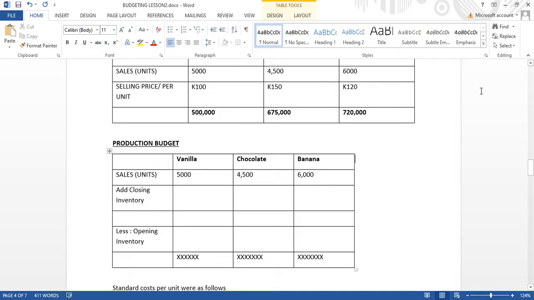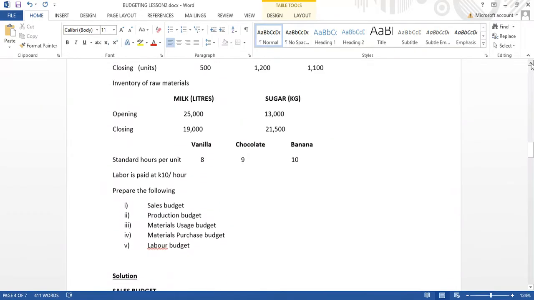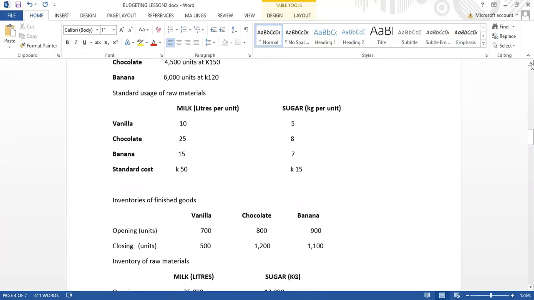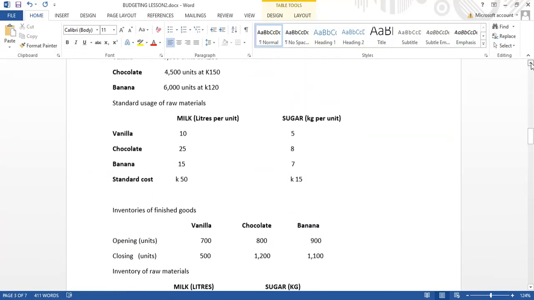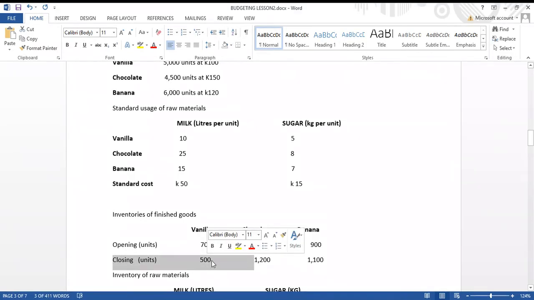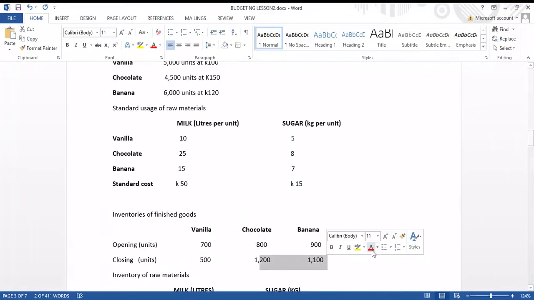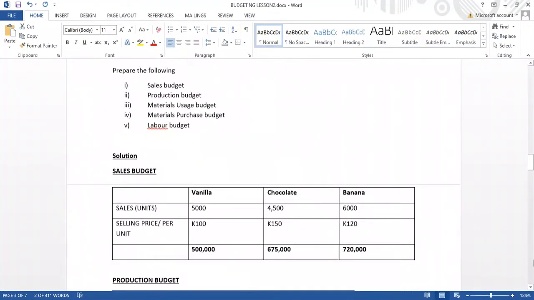Let us check on our closing inventory. For vanilla, we need 500 units, chocolate 1,200 units, and banana 1,100 units.